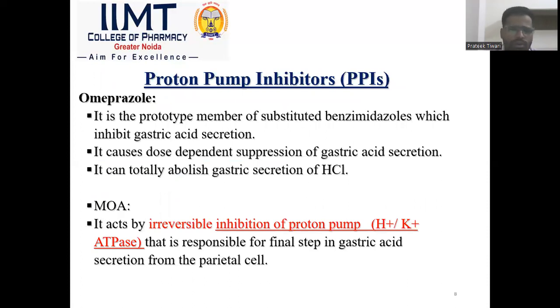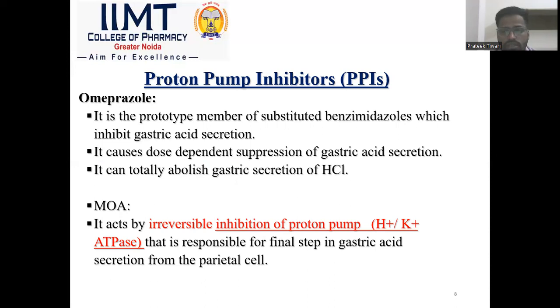First we discuss proton pump inhibitors. Omeprazole is basically a prototype member of the benzimidazoles, which inhibit gastric acid secretion. It causes dose-dependent suppression of gastric acid secretion, which means if you increase the dose, the inhibition increases, and it totally abolishes gastric acid secretion, because when we give PPIs, they bind to the proton pump and deactivate that particular proton pump for 24 hours.